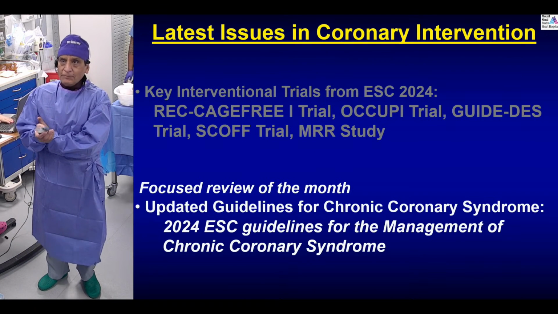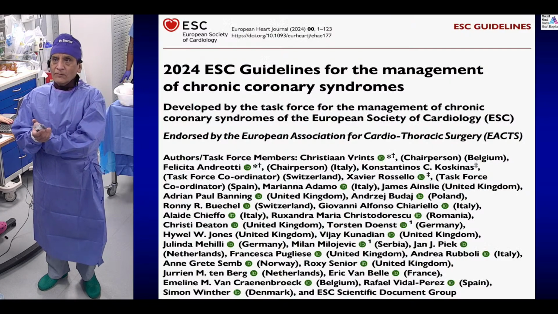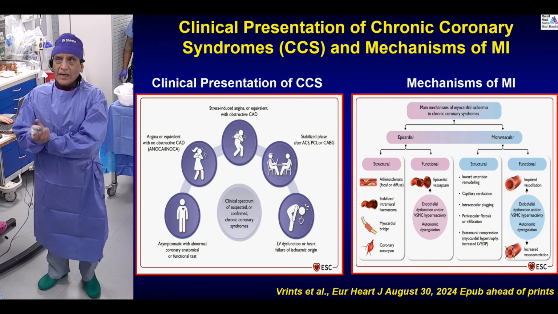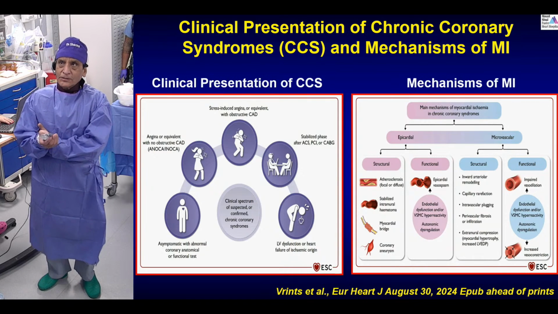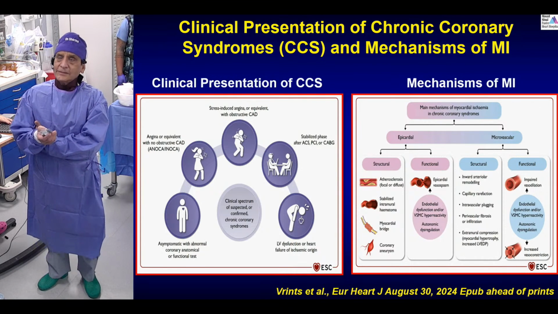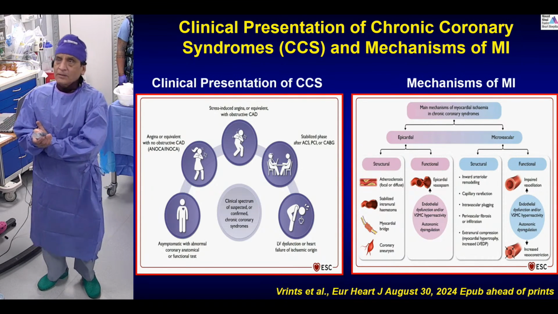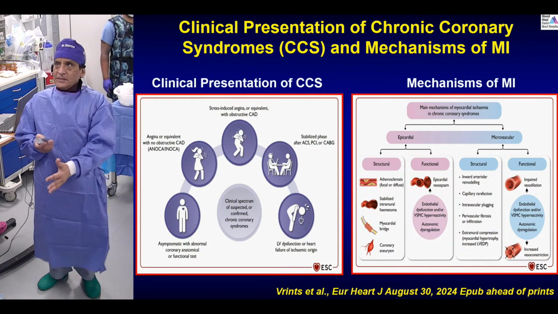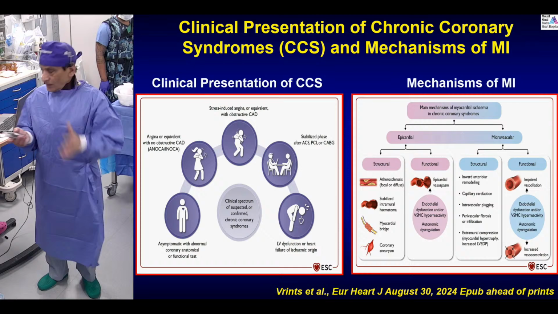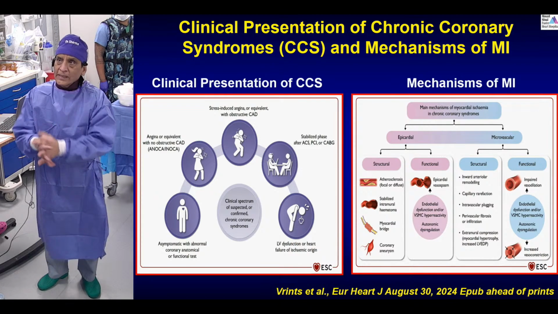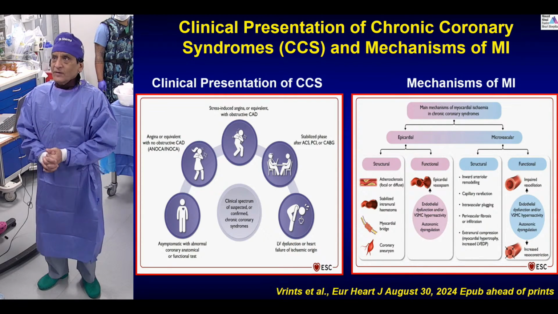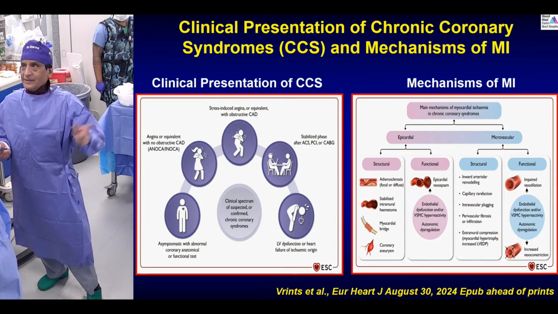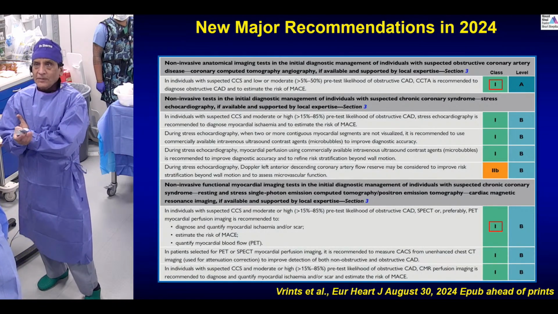That is the updated 2024 guideline of the European Society for Chronic Coronary Syndrome, with cardiothoracic surgery. Presentation of chronic coronary syndrome: asymptomatic patient, or patient with chest pain, or patient who had MI or acute coronary syndrome in the past but has now stabilized. For the first time they went beyond just the epicardial, structural, functional, or microvasculature, like the resistance index shown in the previous slide.